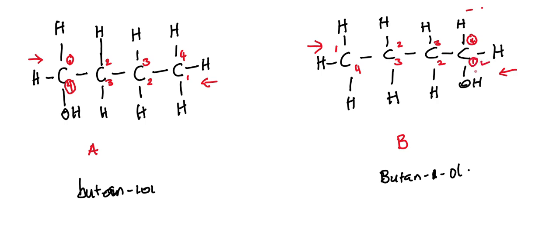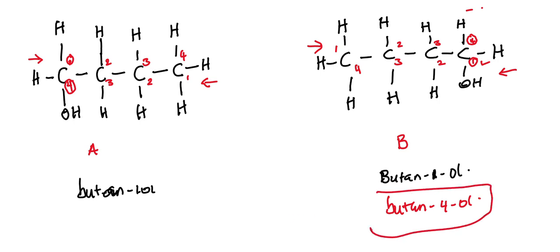So we'll go with position 1 because it's the least. So we don't get to say we must always start numbering from the left to the right. No, because if we do that, we will get butan-4-ol, which is going to be wrong. Okay, so it's when you do something like this that you get the wrong answer.